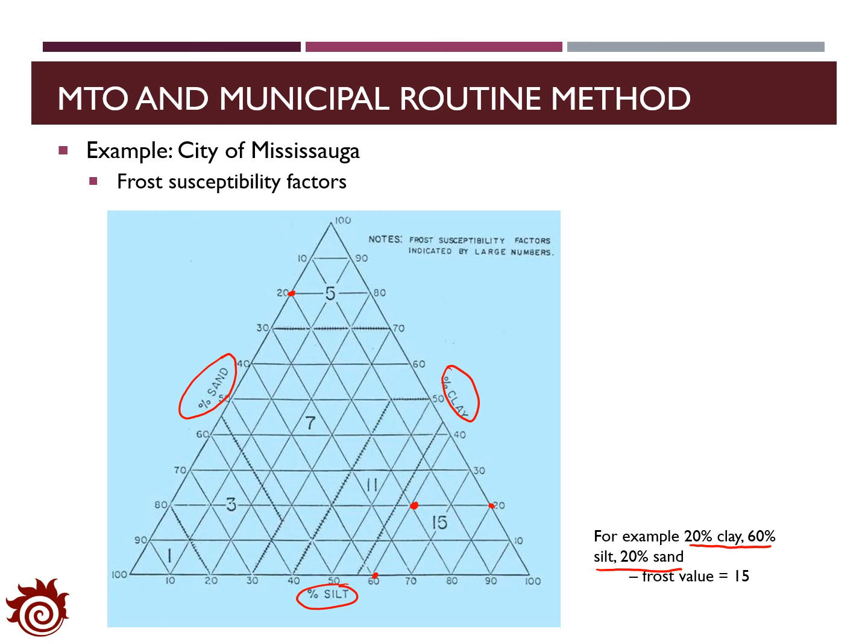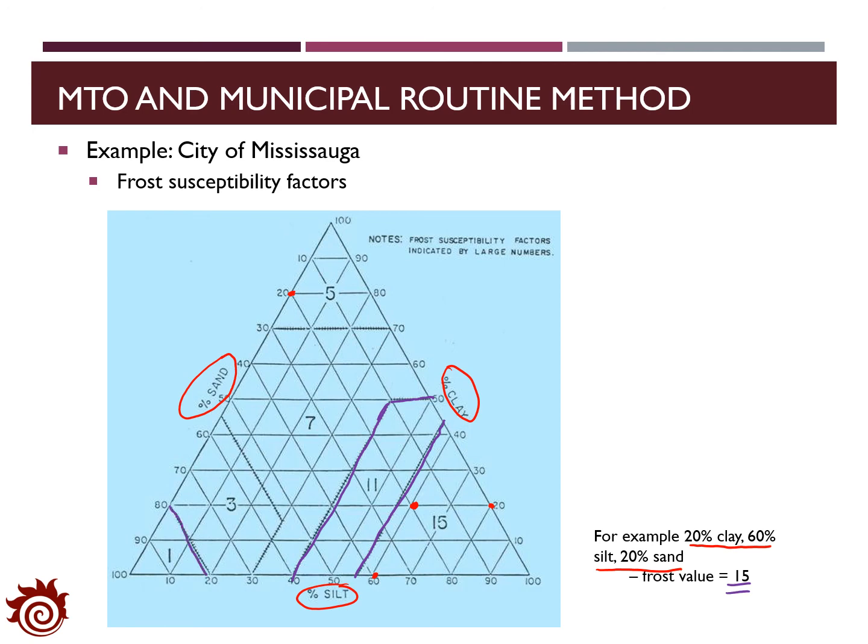It falls in the region of 50. And this indicates that the frost susceptibility factor for this subgrade material is 50. You can also check the other values of the sand, clay, and silt to identify the frost susceptibility factor. And the boundary in this figure is shown as these lines.